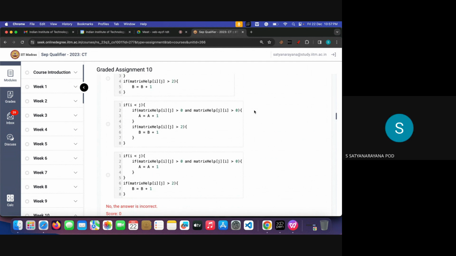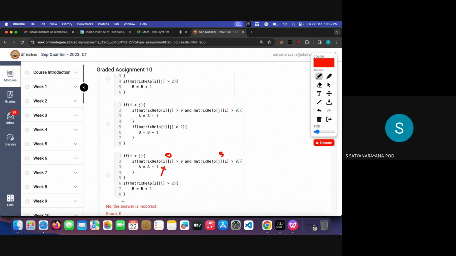But the thing is, here I don't understand this: at least is one. So maybe 1 or 2 or 3. Okay. Yes, sir. Whenever it becomes 3, this condition is not satisfied. Why is it not satisfied? Here it's 0, here it is 3. Then one of the conditions is false, so A is not increased.